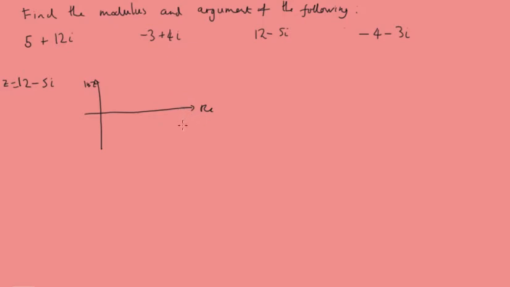So 12 minus 5 about here. The accuracy is not as important as getting the position. And then that's going to be minus 5. Here's our minus 5.